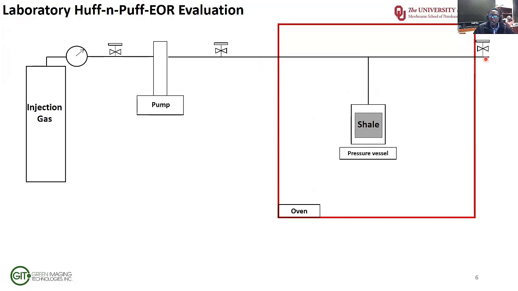Then the production valve will be opened to allow the collection of the fluids that have been mobilized during the huff and puff process. So the experiment is very, very simple in principle, right? So it's not really something very complicated in terms of, I would say, understanding. Right?